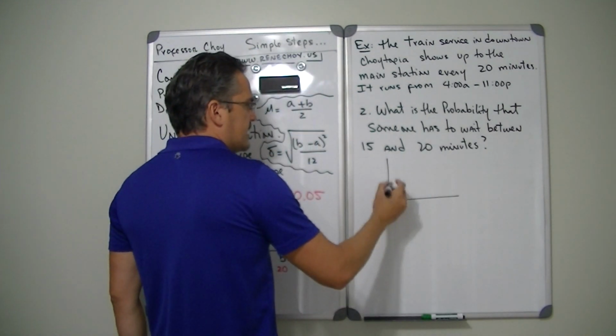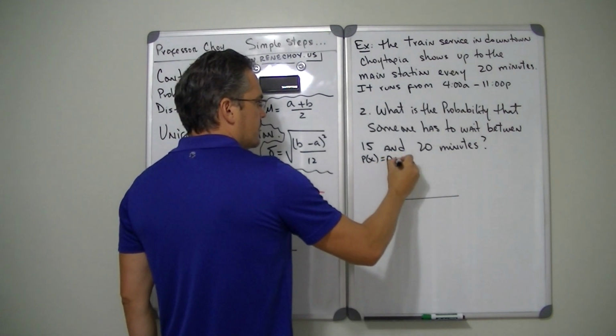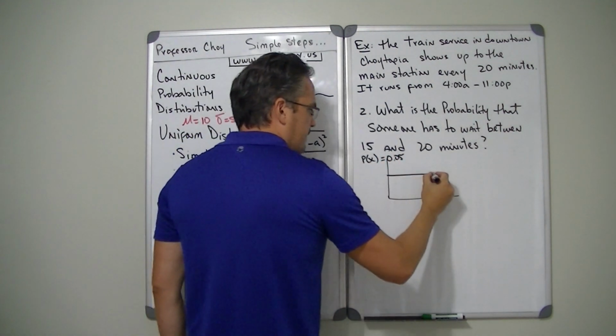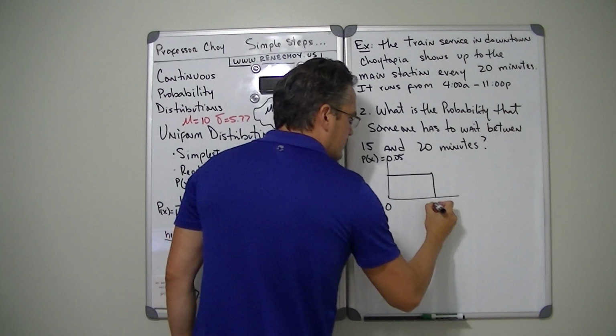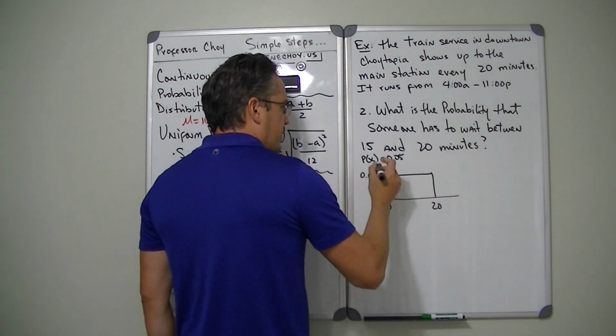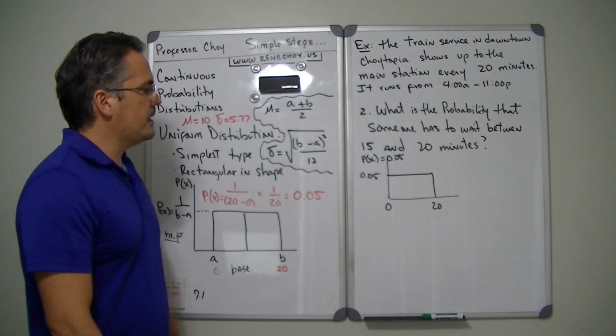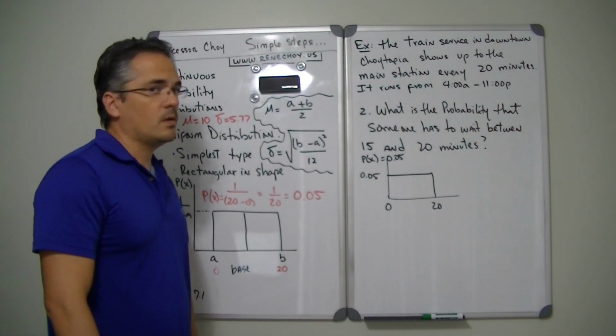We know that the probability of each individual minute, which is P of x, is equal to 0.05. So if I draw this one, we're at 0, 20, and the probability of each individual minute is 0.05. Now the question is asking me, what is the probability that somebody's going to wait between 15 and 20 minutes?